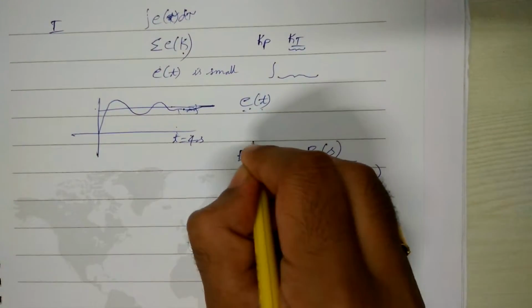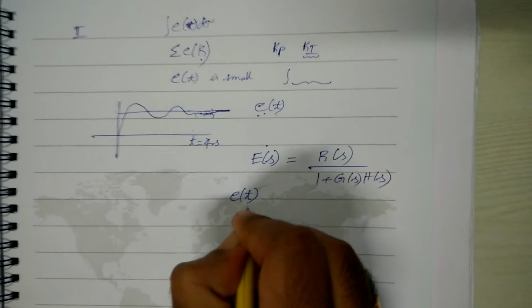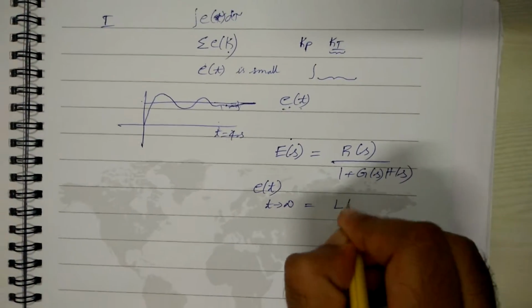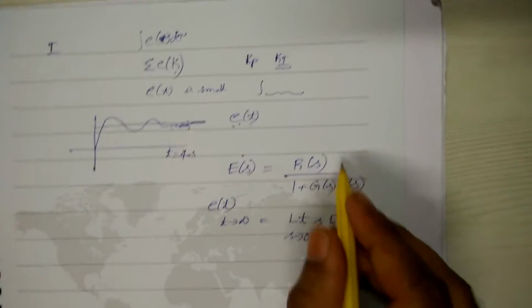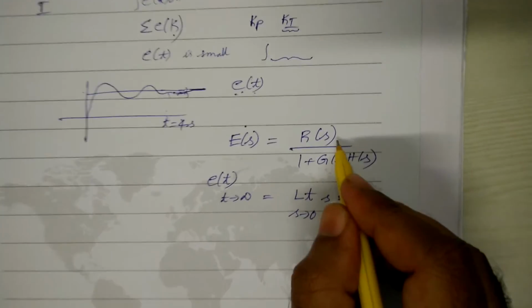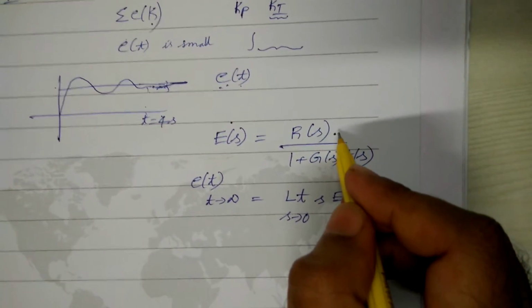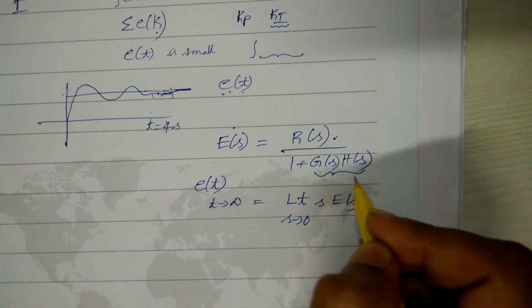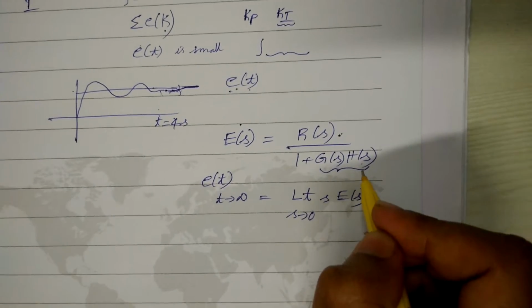So the steady state error as time t tends to infinity is given by this final value theorem. It depends upon the type of input, that is whether it is impulse, step or ramp, and also it depends upon number of poles at origin of this loop transfer function.